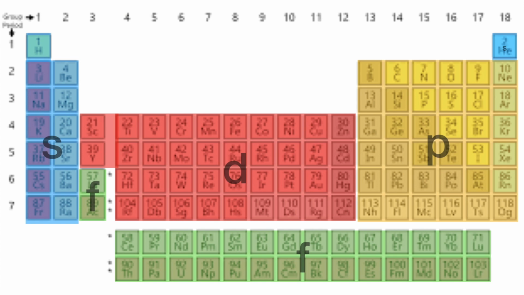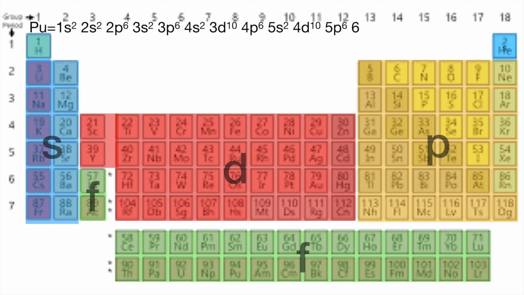So it would be plutonium, Pu, 1s2, 2s2, and so on, up to 4f14, 5d10, 7s2, 5f6. That is the configuration for plutonium. By the way, it's not 4s; it's 4f. And there's a difference there.